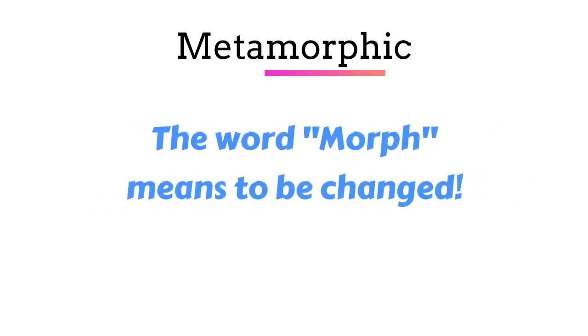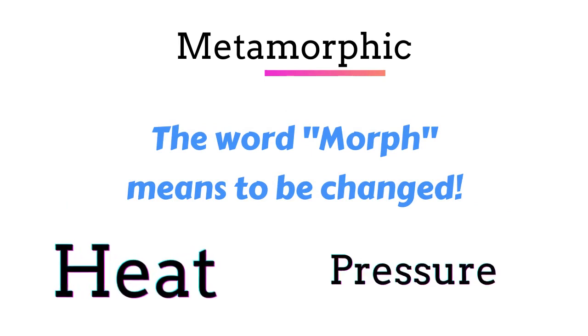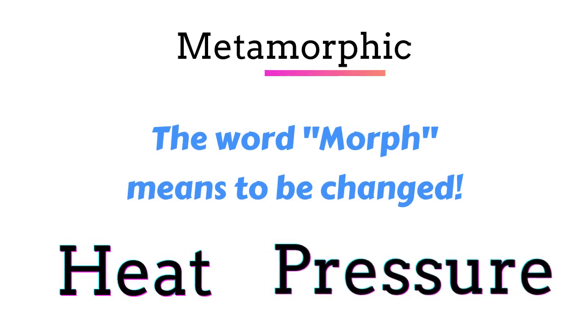Here is a simple way to remember. The word metamorphic has another word inside of it, and that word is morph. Morph means to be changed. So when you think of rocks that are changed by heat or pressure, think of metamorphic. Metamorphic rocks are changed by heat or pressure.